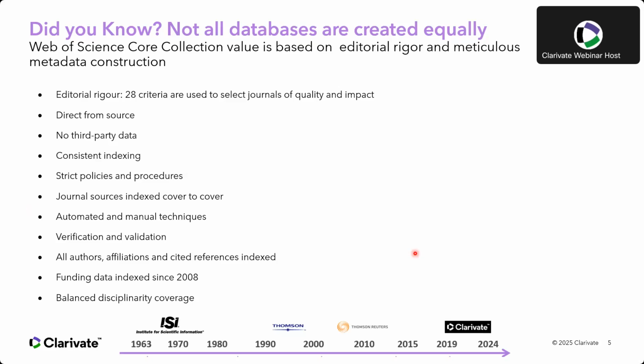The journals are indexed cover to cover. We use automated and manual techniques. And also we index all the authors, affiliations, cited references. Funding data goes back to 2008, and you'll see different coverage in terms of disciplines.